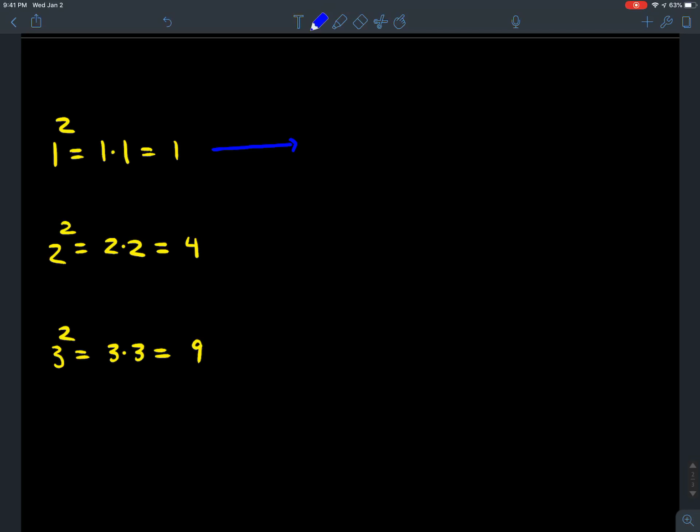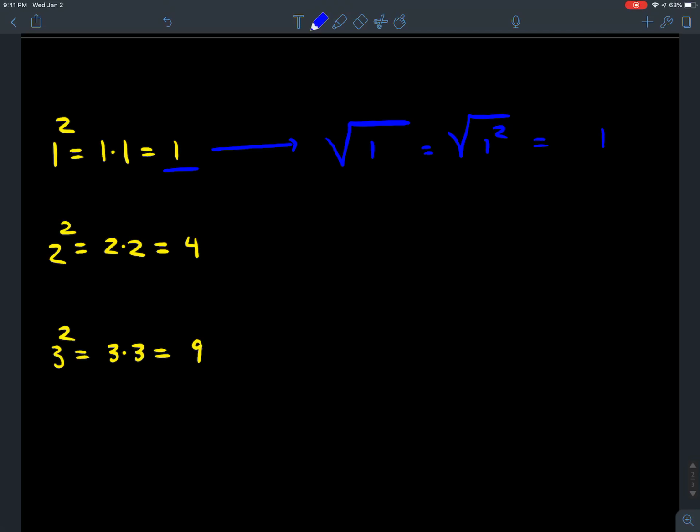Let's say, for instance, we want to find the square root of this value, 1. Then what we do, we put this number in here, 1, which is equal to 1 squared, which is equal to what?